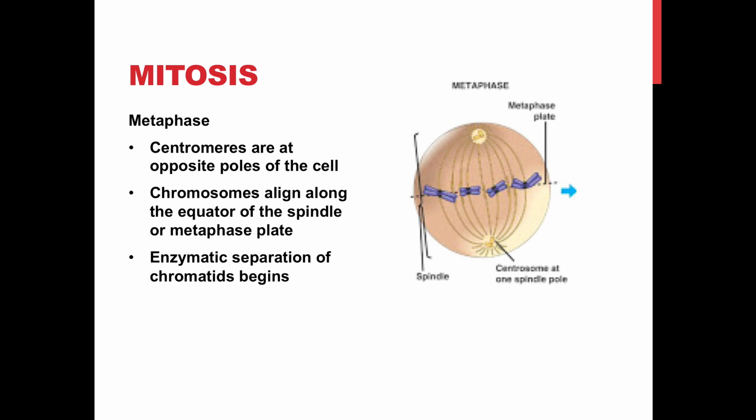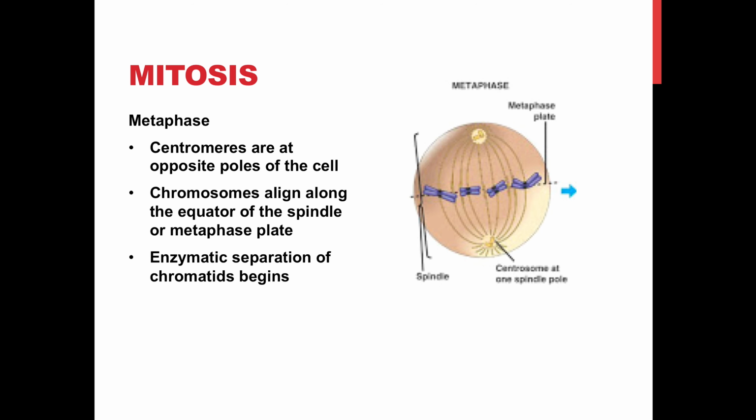Because they're pulling on both sides of the chromosome, it's causing the chromosomes to align along the equator of the cell. This is all listed over here on the right: causing the chromosomes to align along the equator of the spindle, which is called the metaphase plate. Now, this is when enzymatic separation of the chromatids begins.